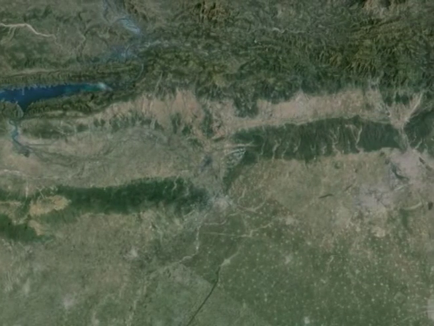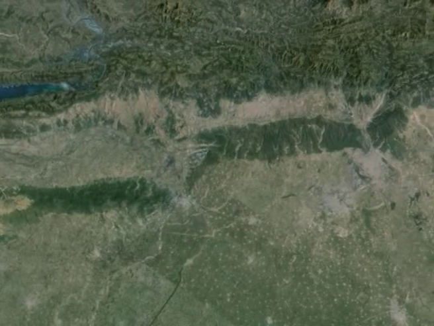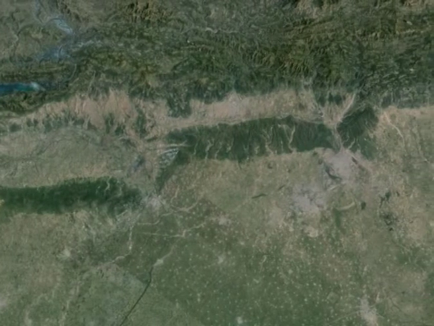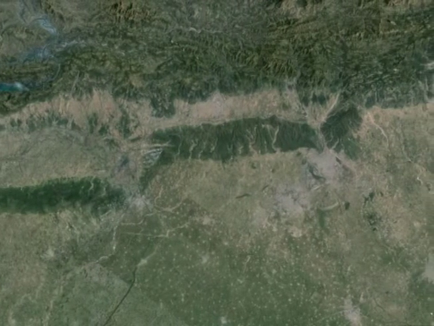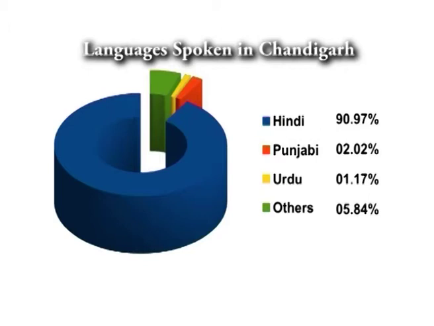The alluvial deposits belong to Quaternary age and comprise layers of fine sand and clay. Languages spoken in Chandigarh are Hindi 90.97%, Punjabi 2.02%, Urdu 1.17% and others 5.84%.